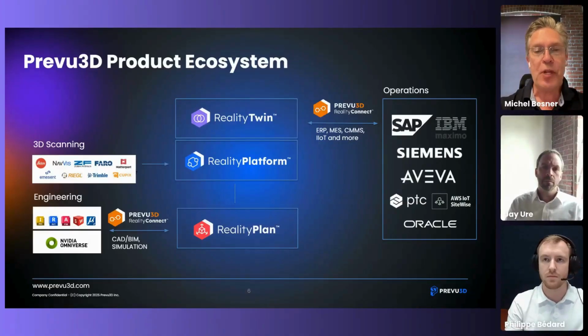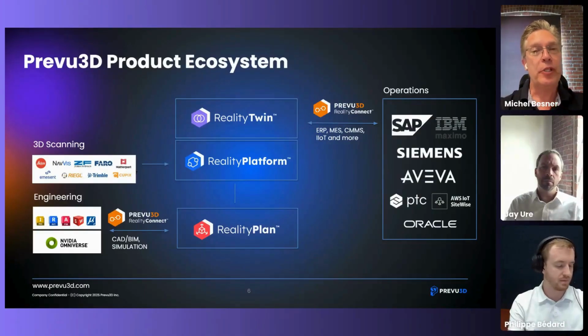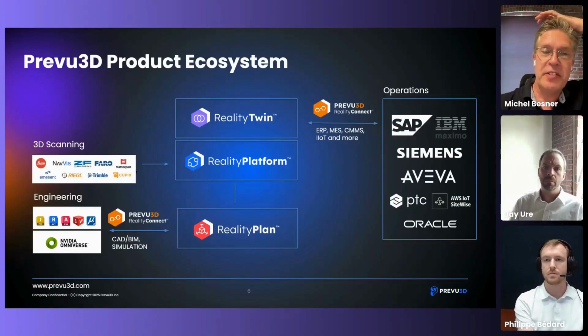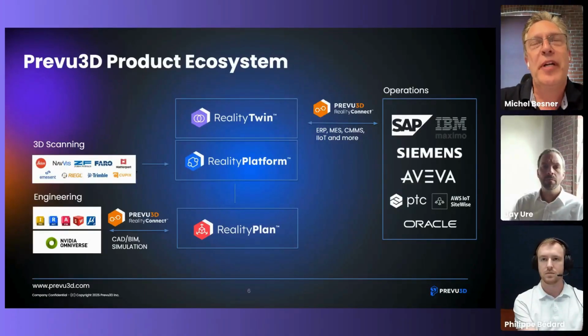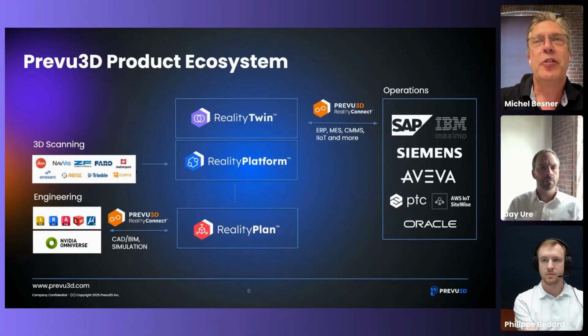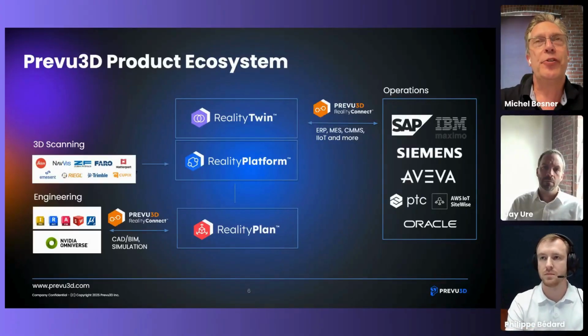And so from a historical perspective, we have RealityPlan. I mean, we're not going to talk too much about RealityPlan today because there's going to be other things to talk about that in later webinars. But that's where we've done all of the legwork from an engineering perspective. And when you think about engineering, think of it as sort of like an offline process where when you plan a turnaround or redesigning a production line, you're basically creating new iterations of future state of your as-built world, right?